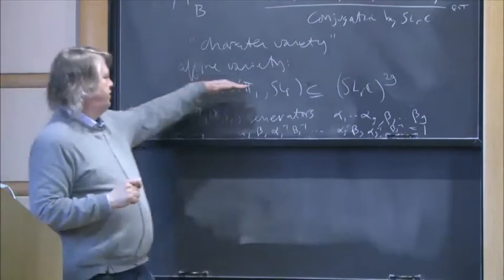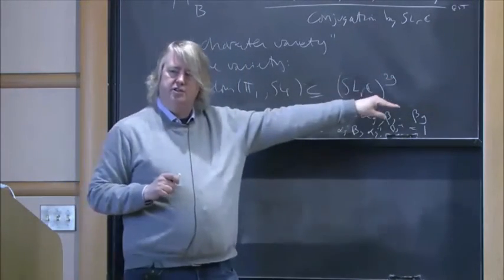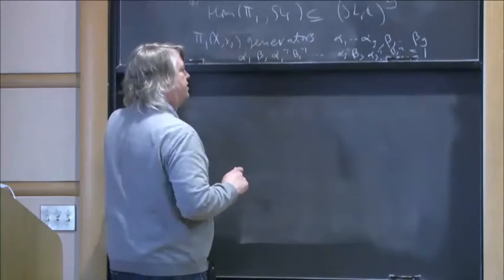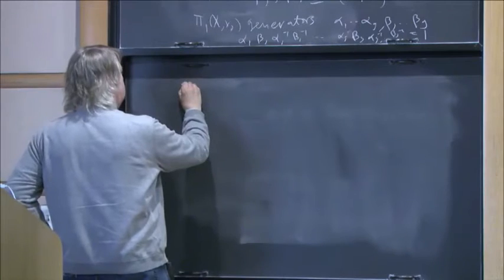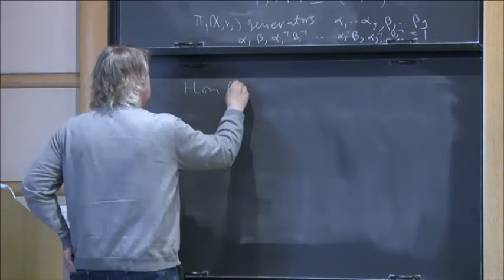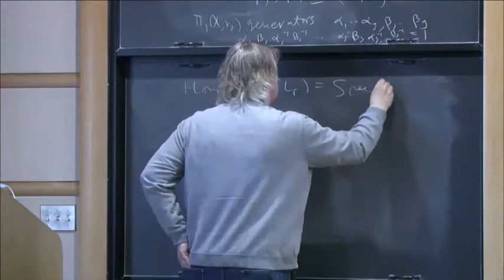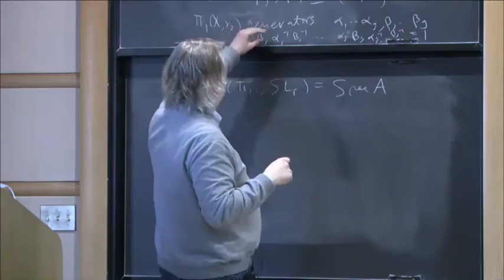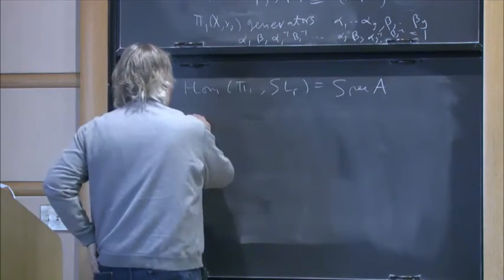So the representations are just 2g tuples of matrices which satisfy the same relation. That's a closed condition, so we can write it as spec of a ring. The action is by mutual conjugation of these matrices by the same matrix.